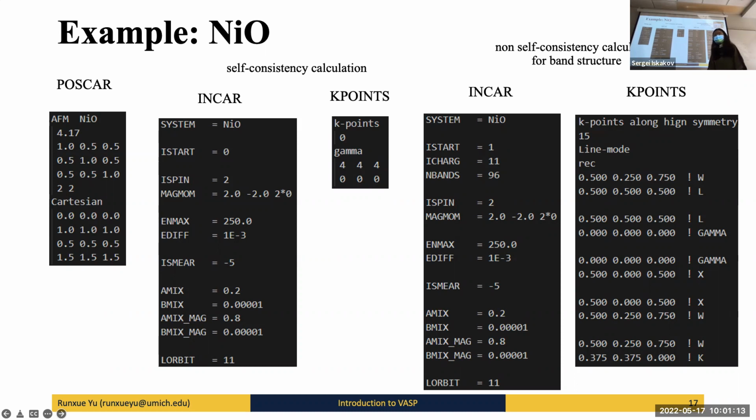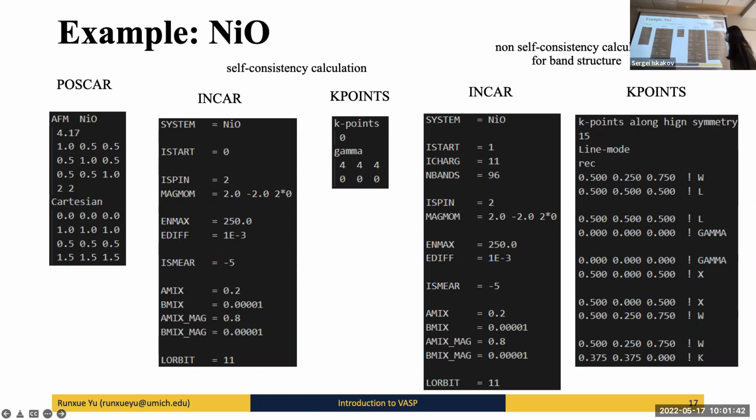Actually in your POTCAR you will have the pseudopotential for nickel and for oxygen. So that means this one is nickel, this one is oxygen, and this is 2 nickel, 2 oxygen. I see. So these things are all sort of interconnected. Yes.